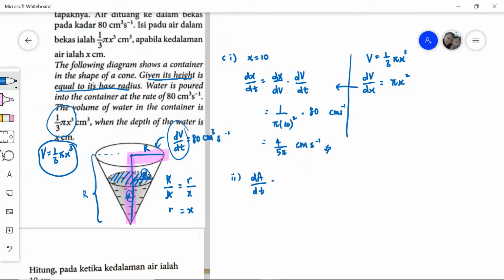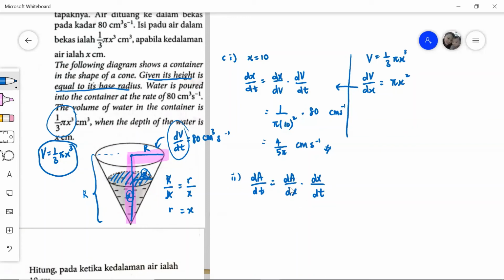So dA by dt. So we split these two, and then we chain them with x, because I can write the relationship between A and x. If I chain using the V, then I have to split this one more time, just like part B. So we go straight to dx.